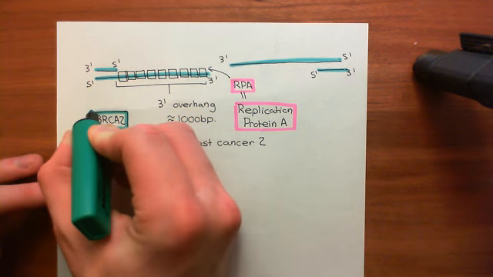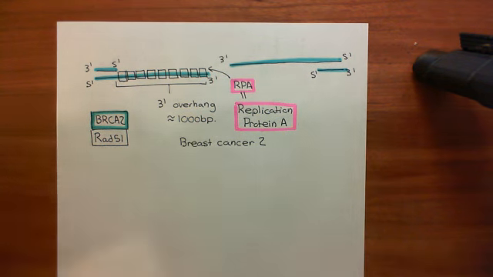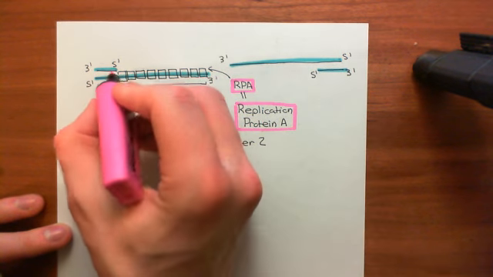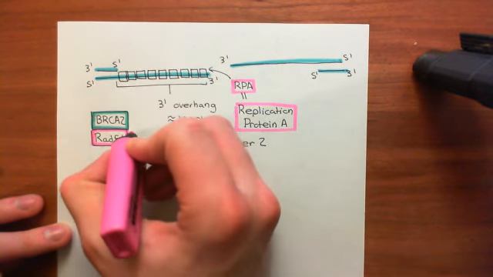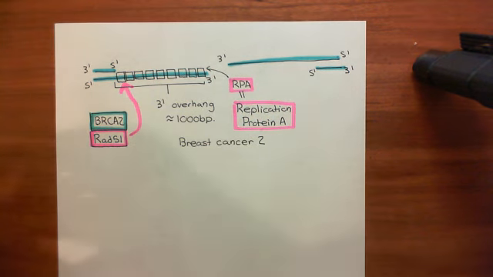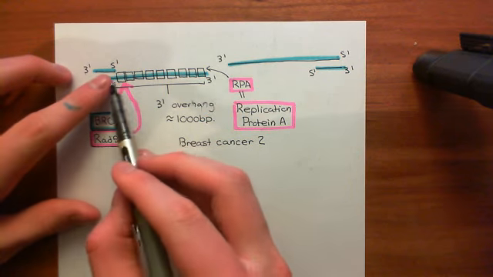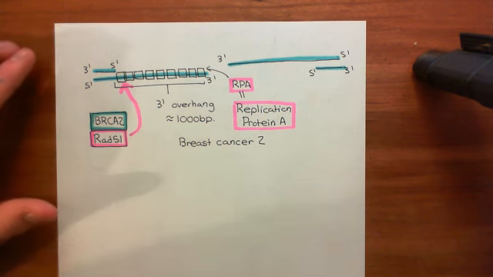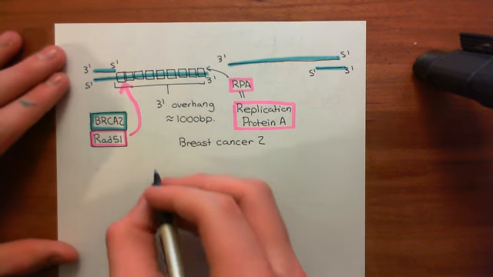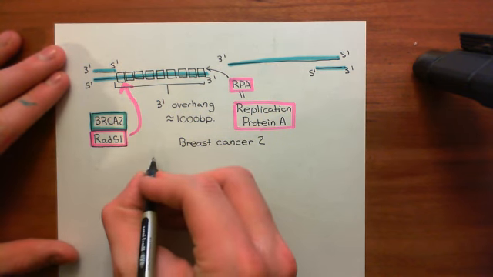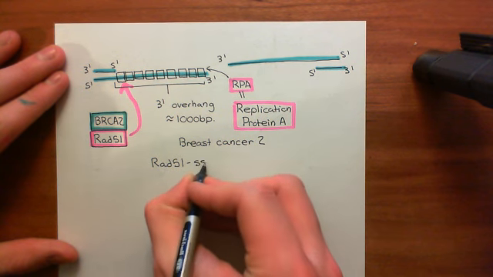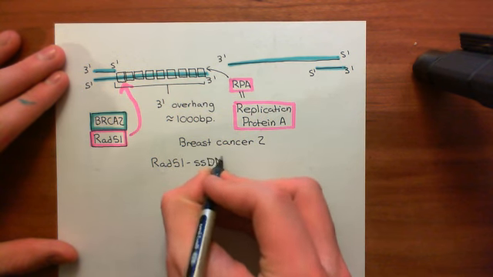So basically the BRCA2 binds to the RAD51, and then it facilitates the exchange of the RPA protein off, and then the addition of the RAD51 protein on. Gradually you replace all of these RPA proteins with RAD51 proteins, and this creates something known as a RAD51 single-stranded DNA nucleofilament.